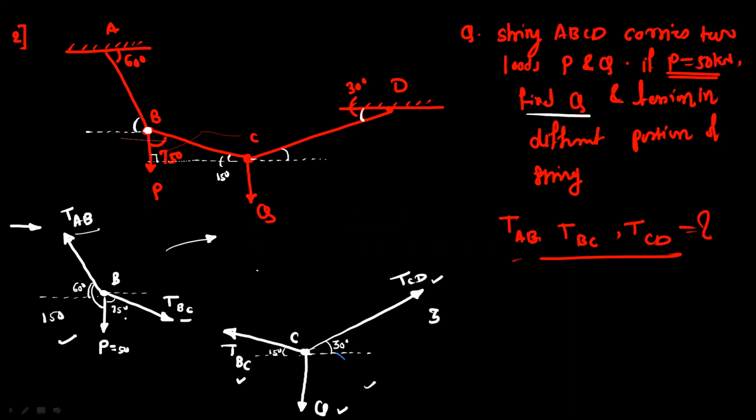So 150, 75, and the remaining angle is 135 degree. Now you can use Lami's theorem. First is tension AB upon the sine of the opposite angle, which is 75. This is equal to the force P upon the sine of the opposite angle, 135.